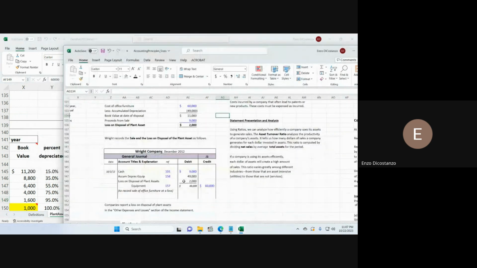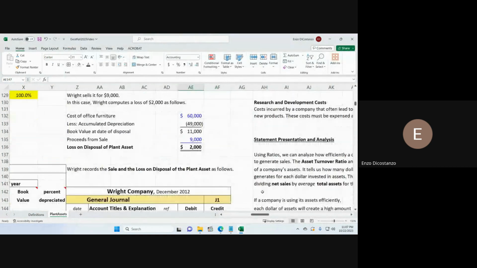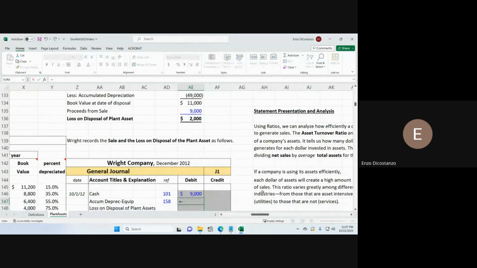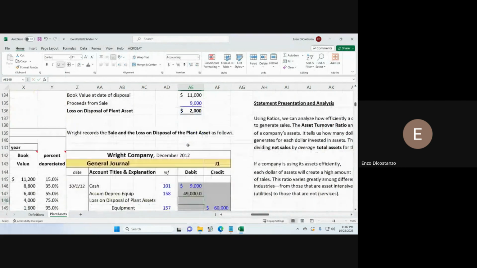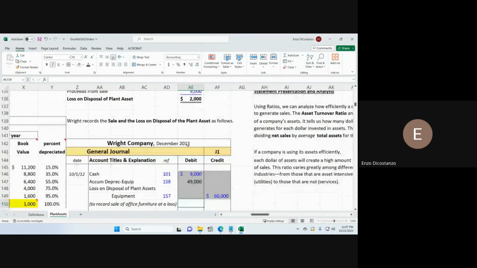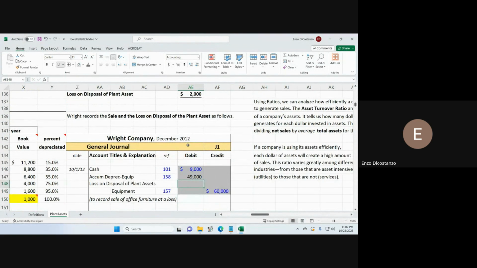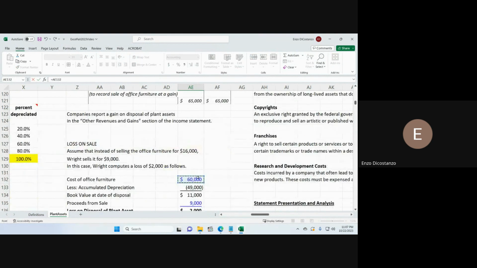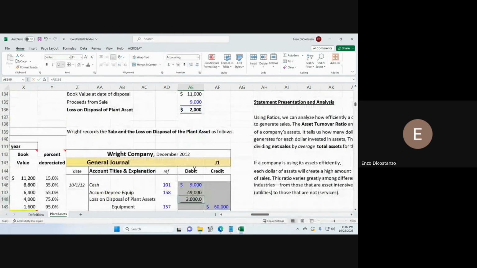And the accumulated is 49, right? And the loss is going to be on the left-hand side. Okay, so to make this balance, we're at 58,000, so you're going to need another 2. You'll need this 2 in there.